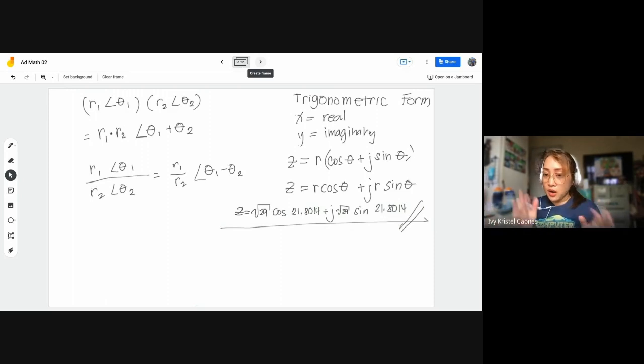So, remember, the r and theta will come from the polar form. Then, this is the trigonometric form, so let's underline that. I'm just adding this, because as I remember, it should be included in the lecture. So, we also have the exponential form.